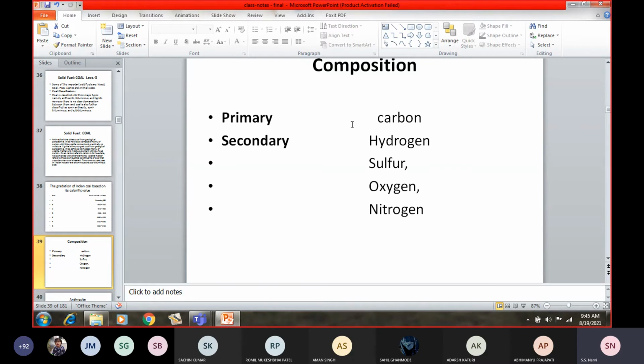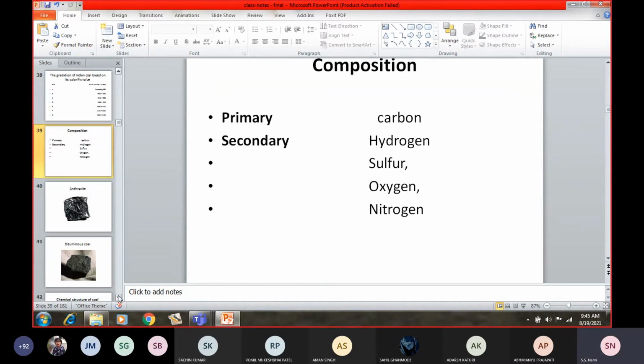We have listed only the combustible material, because carbon will undergo combustion, hydrogen will undergo combustion, sulfur will undergo combustion, oxygen will help in combustion, and nitrogen will undergo the combustion process. So we have only listed here the composition of the combustible coal, isn't it? But still, in addition to this, you have metal oxides, which is non-combustible or ash content. That is also there.